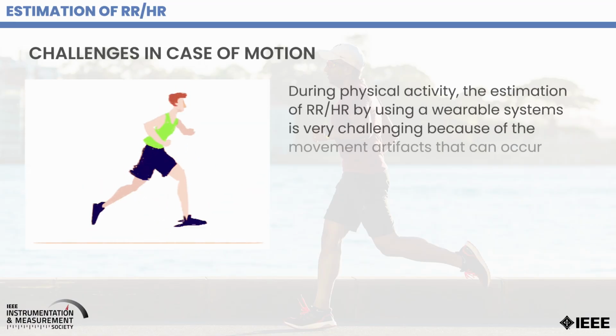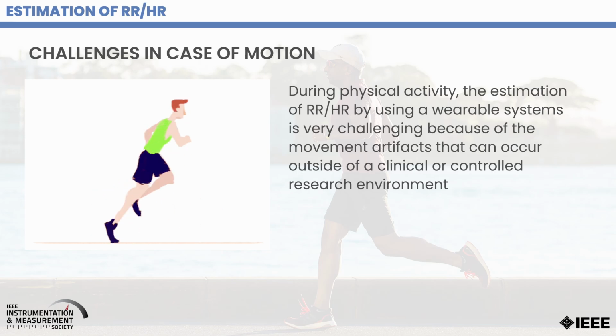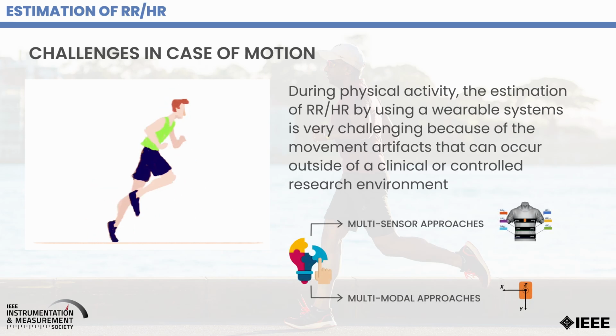A few words about how you can behave in case of motion, which kind of analysis you can perform, how your wearable should change if you want to estimate the respiratory rate during motion. Basically, my suggestion is to develop a multi-sensor wearable.